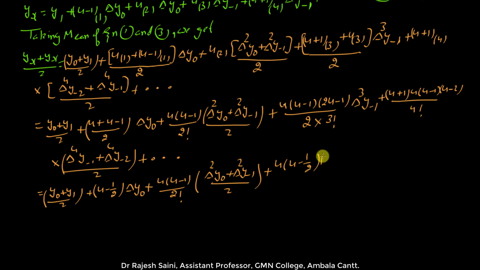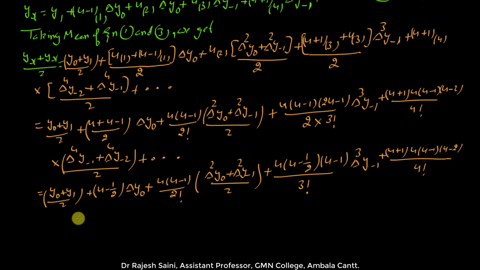So (u minus 1/2)u(u minus 1) divided by 3 factorial delta cube y minus 1, plus (u plus 1)u(u minus 1)(u minus 2) divided by 4 factorial into delta 4 y minus 2 plus delta 4 y minus 1 divided by 2, and so on.